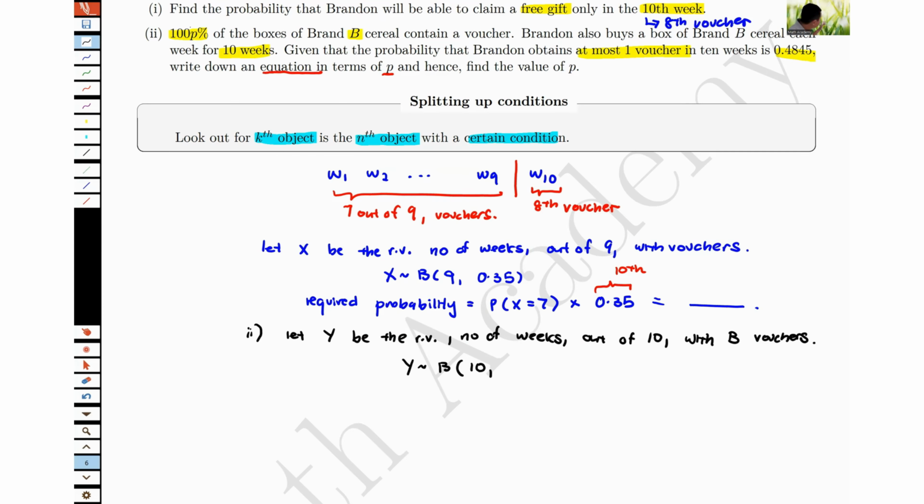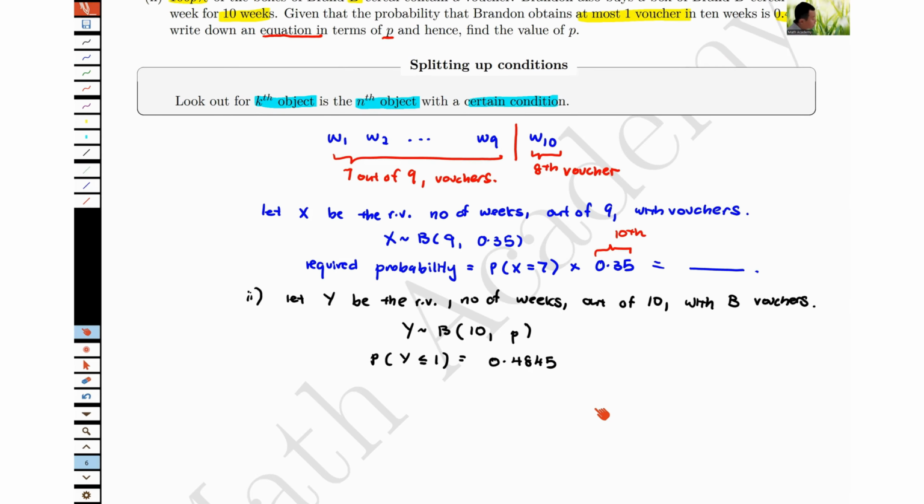From a percentage to probability, remember to divide by 100, so you just get P. Okay, percent, 100P over 100 to get probability. And you are given P(y at most 1) is 0.4845.